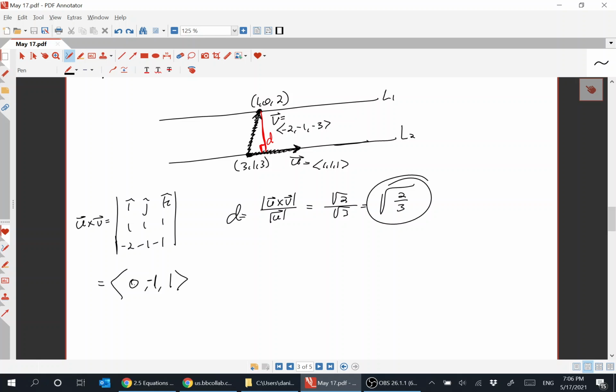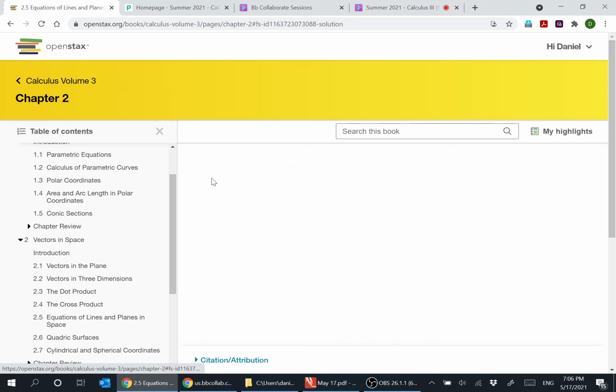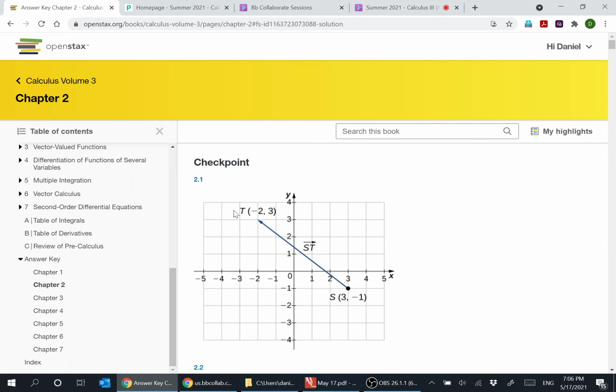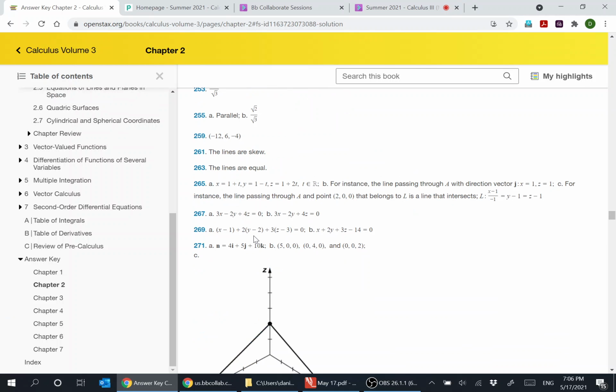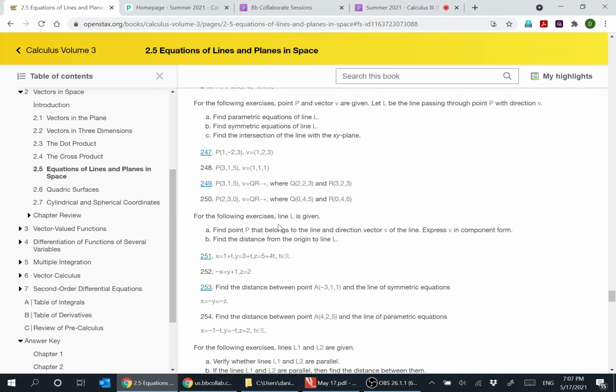What number is this? 255? I can't imagine. Unless I'm wrong. No, I'm wrong. I'm sorry. Never mind. 255, parallel, yeah, root 2 over root 3. My bad. I misread it. Sorry. Happens.